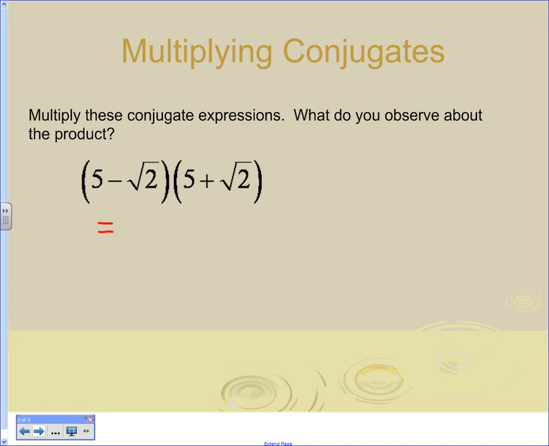When you multiply the first, what do you get? The outer. The inner. And then the last. Y'all see how that works? Any questions so far?